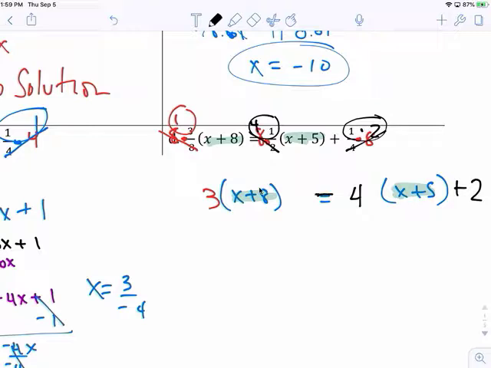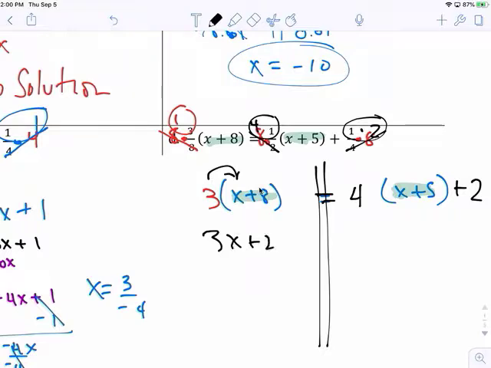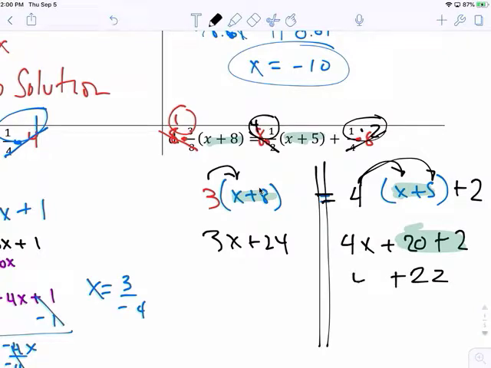At this time, you're going to distribute. This equal sign, distribute. Get 3x plus 24. Distribute, you get 4x plus 20 plus the 2. Now, this you need to leave alone. You can't do anything. These here are alike, so you combine them to 22. 4x equals 3x plus 24.